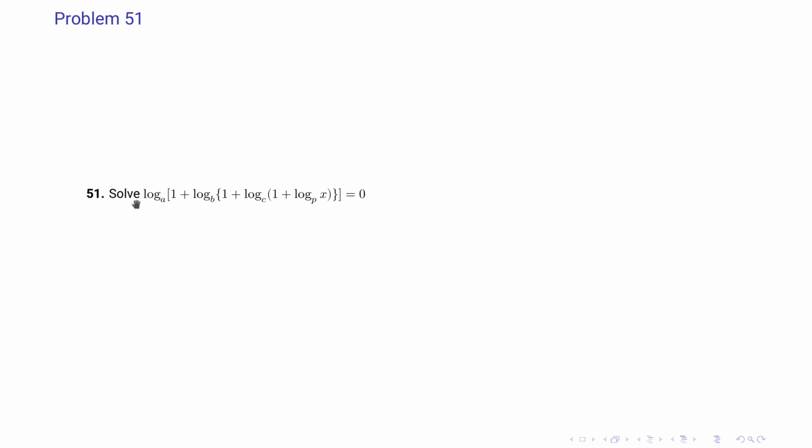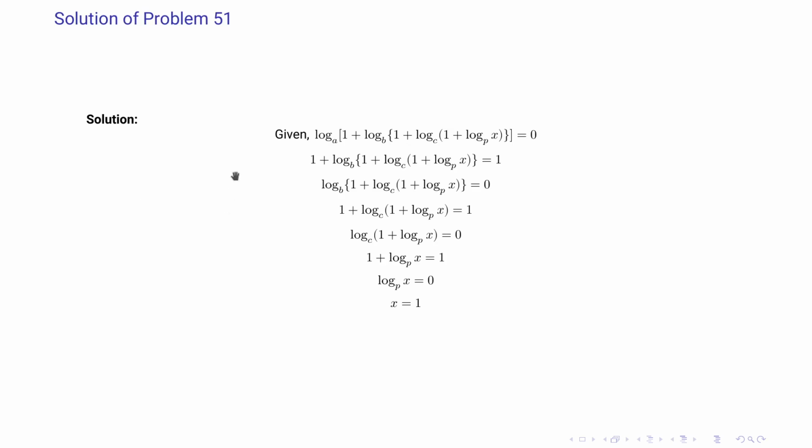Problem 51 says solve log of 1 plus log of 1 plus log of 1 plus log of x with base p, and then we continue with outer bases c, b and a, is equal to 0. So here we remove this log a, so the right hand side would be a to the power 0, that is 1.